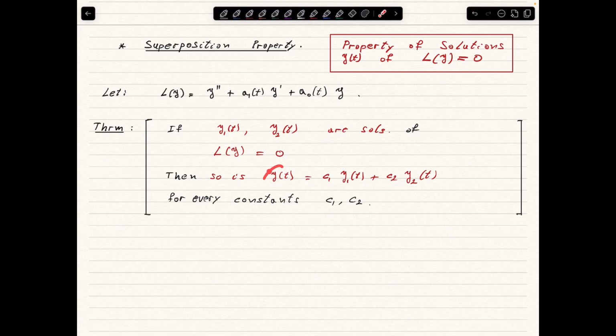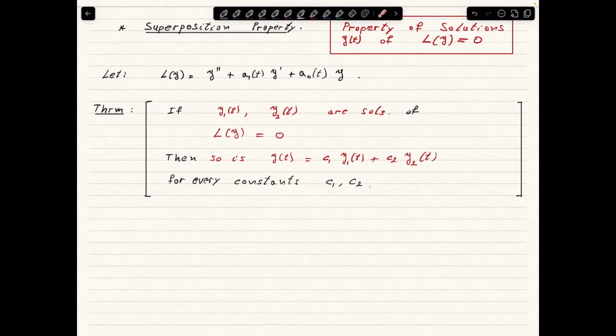So this function given by this expression is also a solution of that equation. So if you have two functions, an arbitrary linear combination of these two functions is also a solution of the same equation. And the proof is simple. So let's see the proof. The proof is one line, essentially.